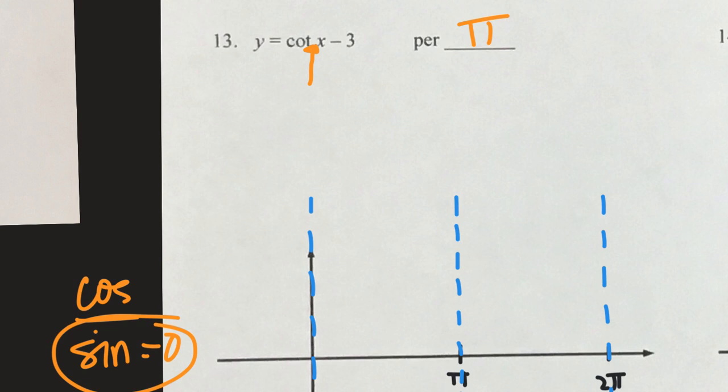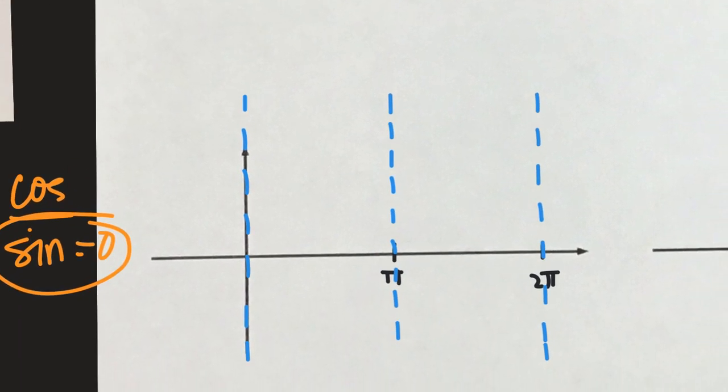It goes through the origin, and then has a 0 at pi, and then has a 0 back at 2 pi. So cotangent has an asymptote everywhere sine is 0. And sine is 0 at 0 and pi and 2 pi. So that's why we put your asymptotes there as opposed to like we did for the tangent. Okay, so that's the change.